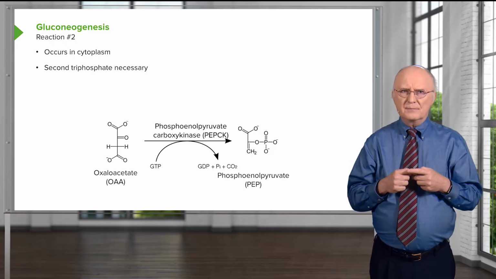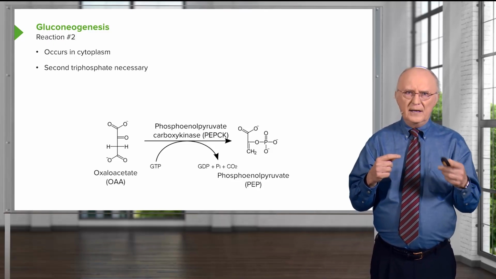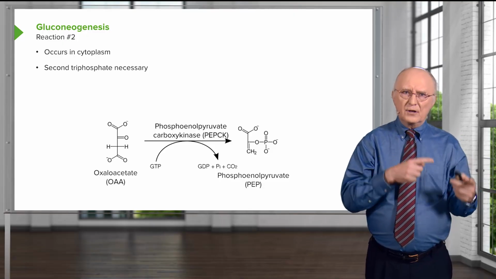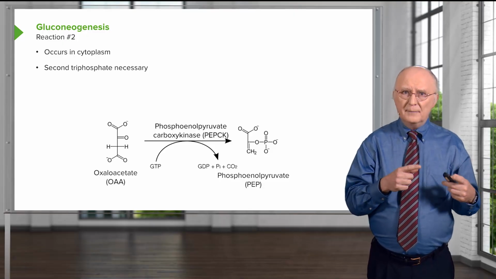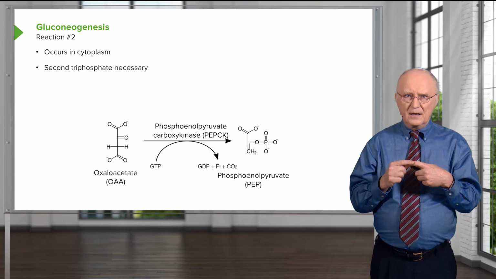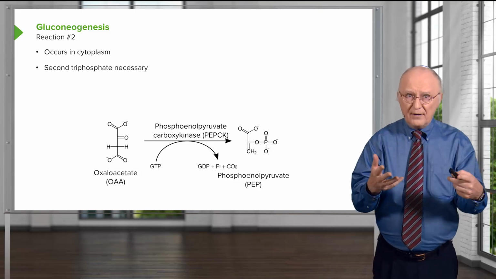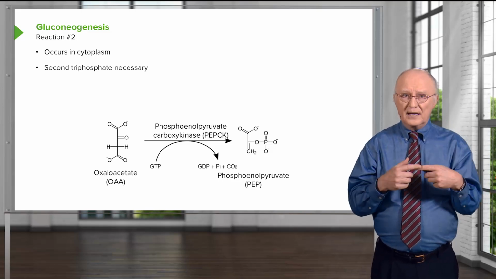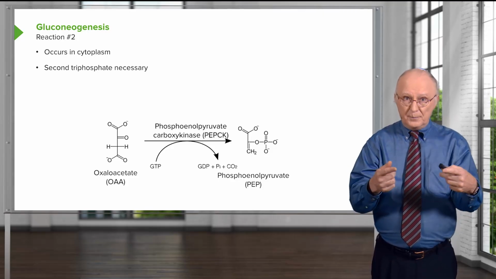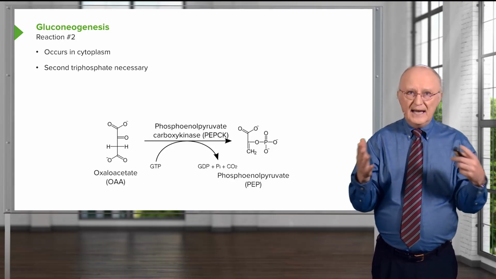Well, let's look at the reaction. In the reaction that's happening right here, this reaction converts oxaloacetate, OAA, into phosphoenolpyruvate. And notice that it's using the triphosphate known as GTP to make it all happen. The GTP has the same energy as ATP.